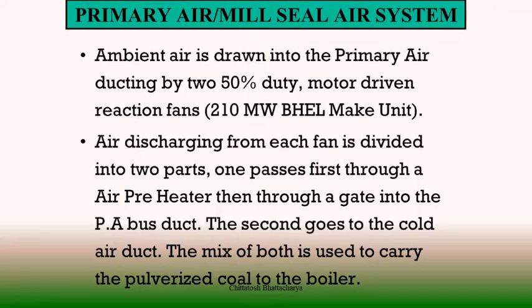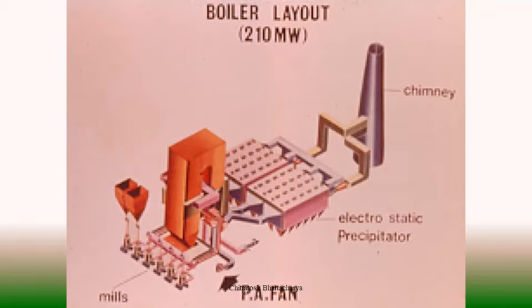And beside that there is some seal air provision in the pulverizer. Sealing is essential, otherwise, as the milling system is mostly a pressurized system, in some of the plants we have also exhauster based suction milling system, but generally most of the plants have a pressurized milling system. In that system the entire mill is under pressure.